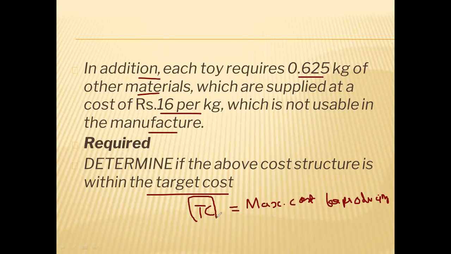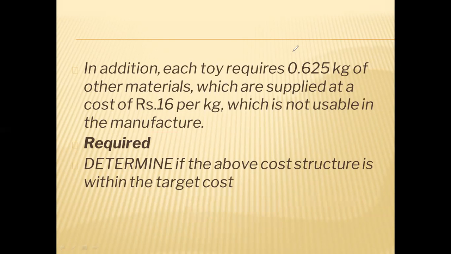Target cost is just finding out what should be the maximum cost which a company can afford to bear for producing the product at the targeted selling price and desired profit margin. Then you have to compare this target cost with actual cost. If actual cost is more than the target cost, then you should not produce that product. That we will understand in this illustration.